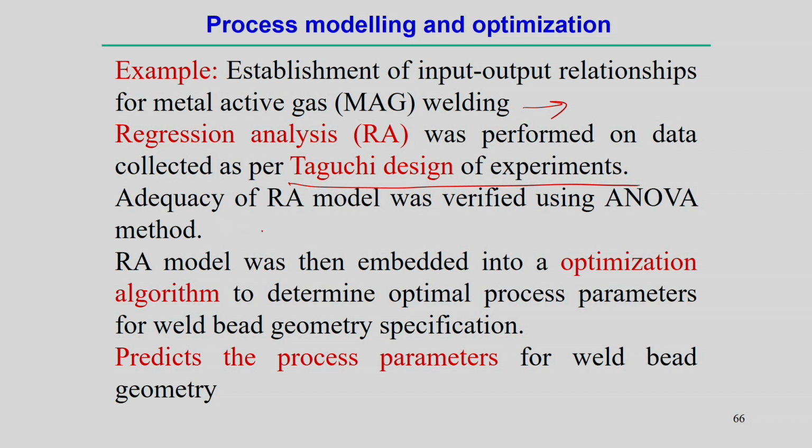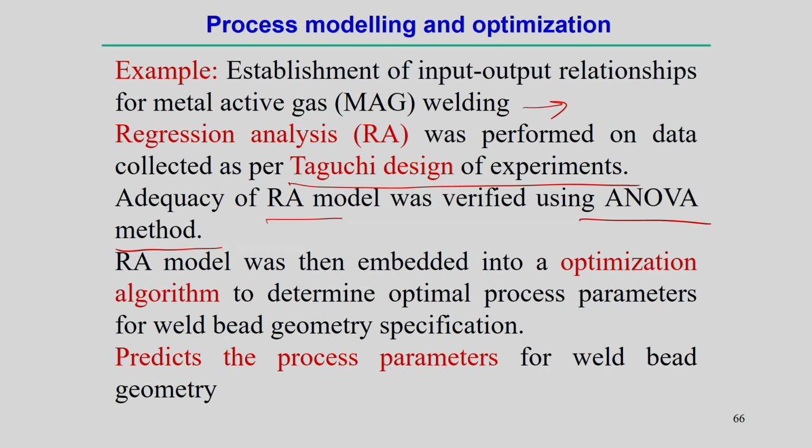The adequacy of the regression analysis model, basically the feasibility of this model and its parameters, is normally analyzed using the ANOVA method, the standard method available. All the statistical information will be available if we apply ANOVA techniques.